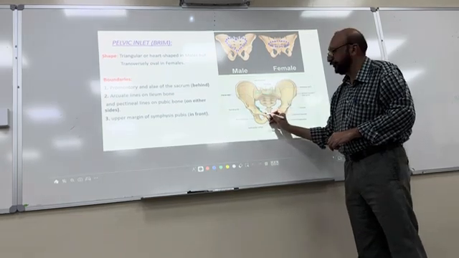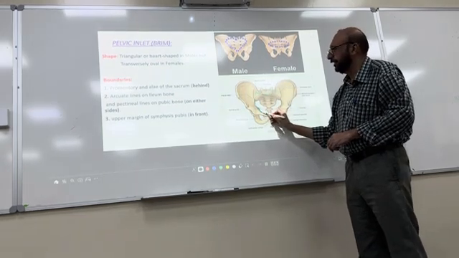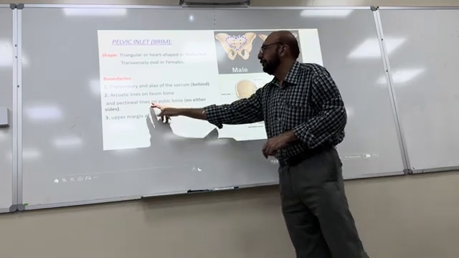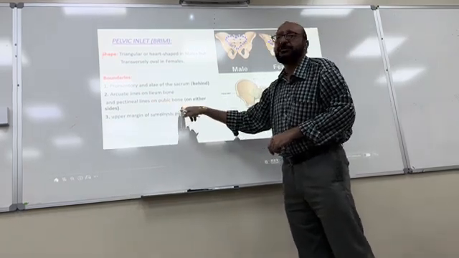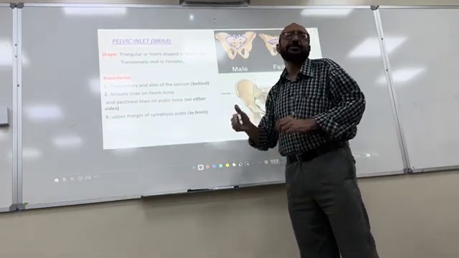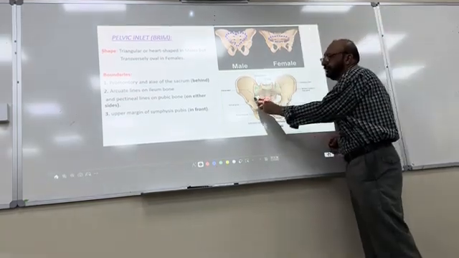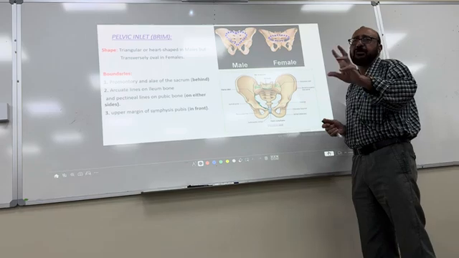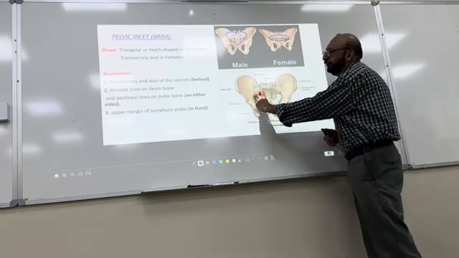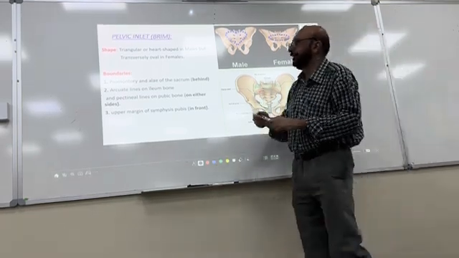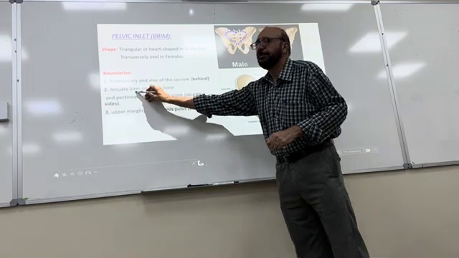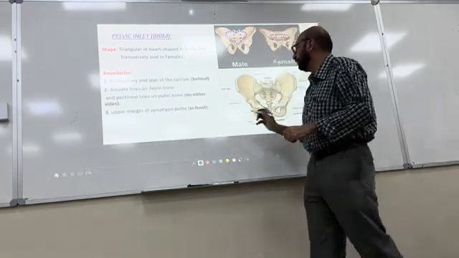Then we have the pubic bone on either side. This is known as the pectineal line, sometimes also known as the iliopectineal line. If you separate the two bones, for the ilium it is the arcuate line, and for the pubic bone the pectineal line.